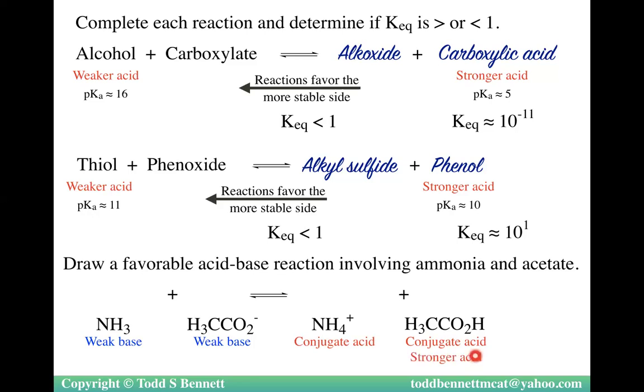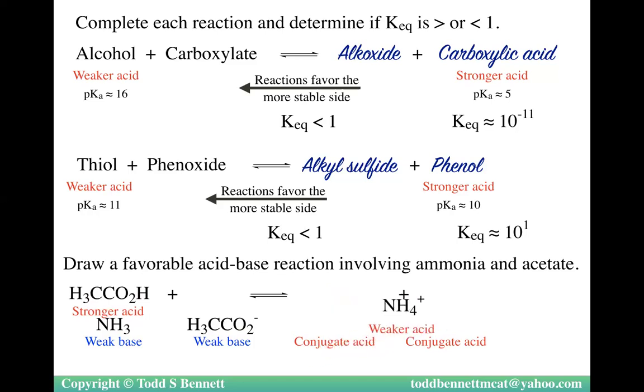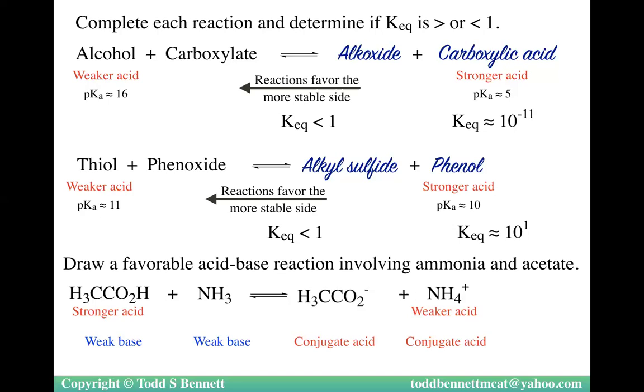Because this is the stronger acid, it's got to go over here. Its conjugate then has to go there. And then the weaker acid has to go up here, and that has to go there. So that is how we have to set this up to make sure this is true.